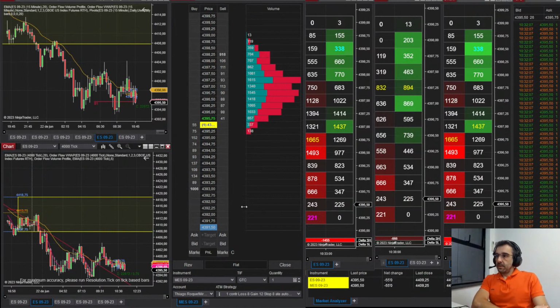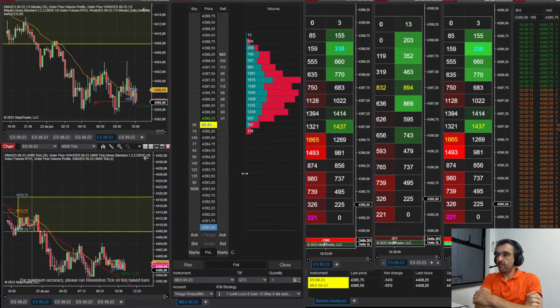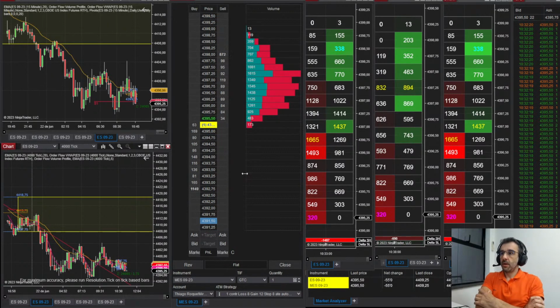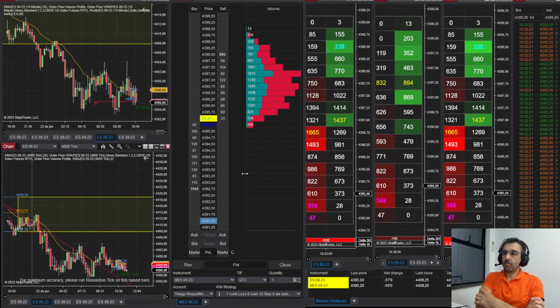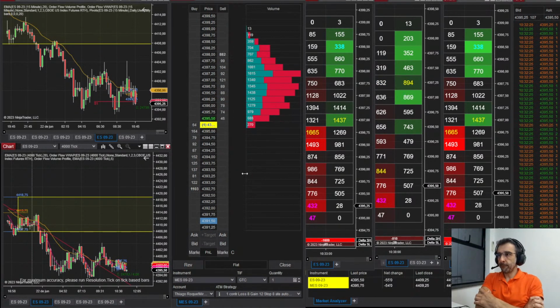We see here a narrow range being formed between 98 and 95. 96 was a low a couple of sessions ago, so 4396 was a point I had actually noted. We could expect some activity.